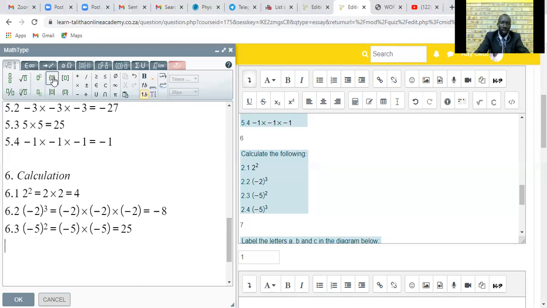Now the next question here is 6.4. And in 6.4, we have been given -5 cubed. So we write this as -5 with the exponent of 3. So what should this give us? Well, this should give us -5 times itself 3 times.